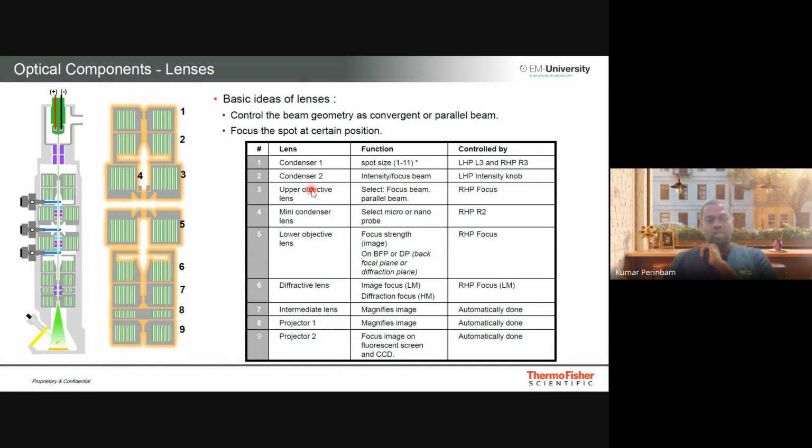After the condensers, the electron beam hits the sample, and then you again condense the diffracted electrons and focus them towards the detector at the bottom.